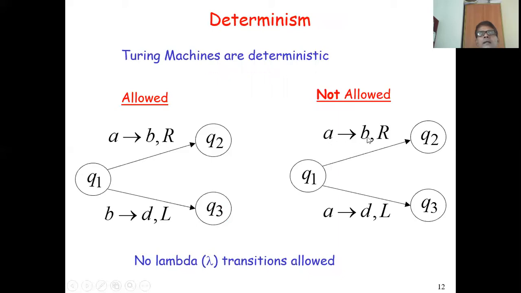Here we are reading A and replacing it by B and moving right. Here we are reading A, replacing it by D, and moving left. This is a non-deterministic move because the input is the same.